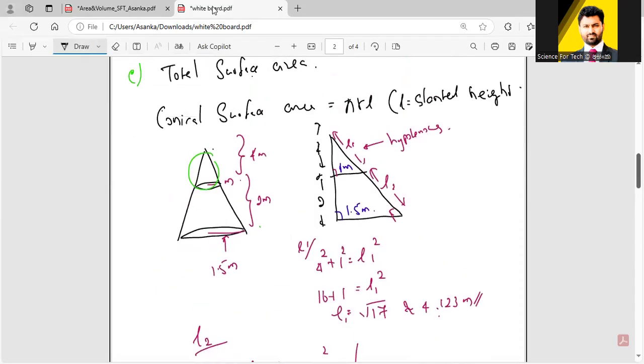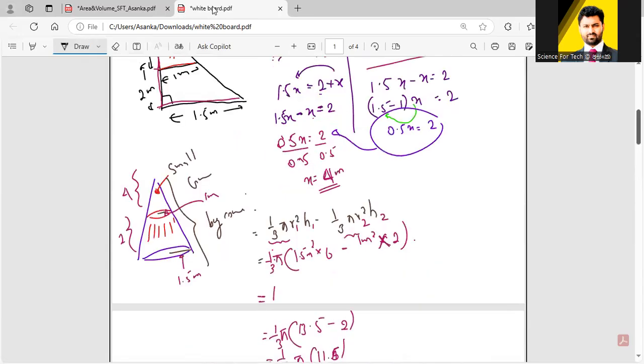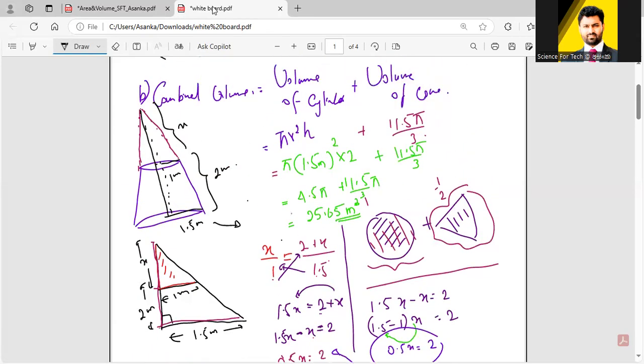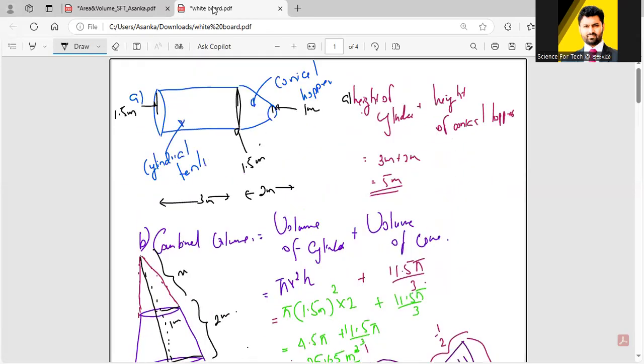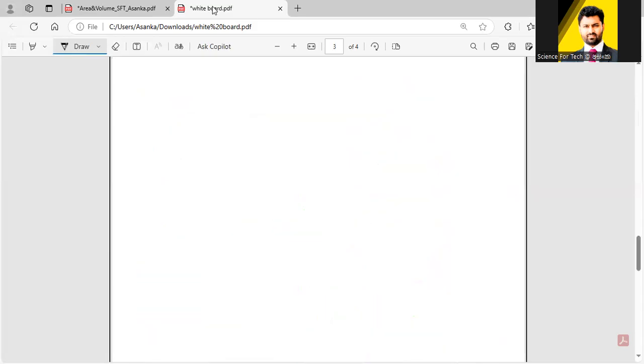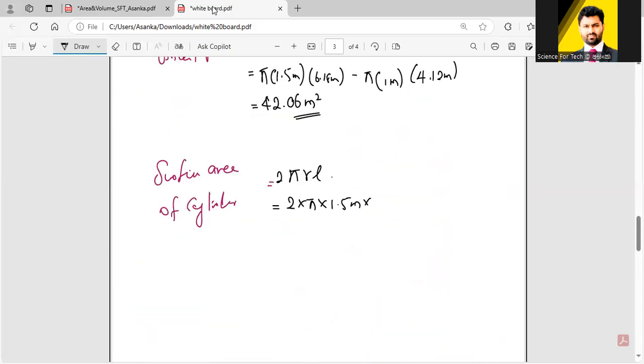L means the height. How much is the height? It is 3 meters. Height is 3 meters. From here to here, 1.5 into 3 is 4.5, times 2 is 9, times pi, which is 28.27 square meters.